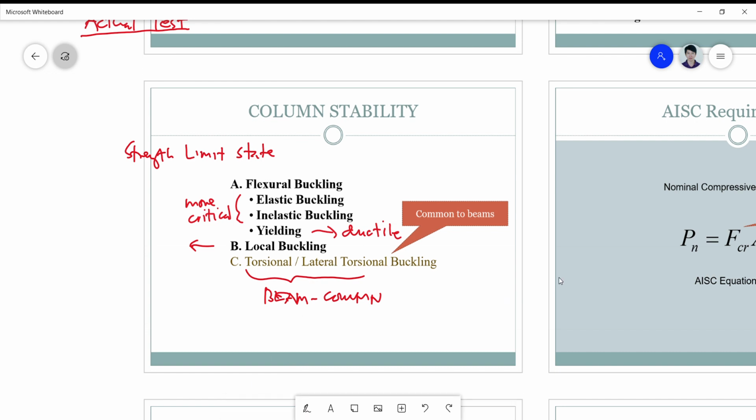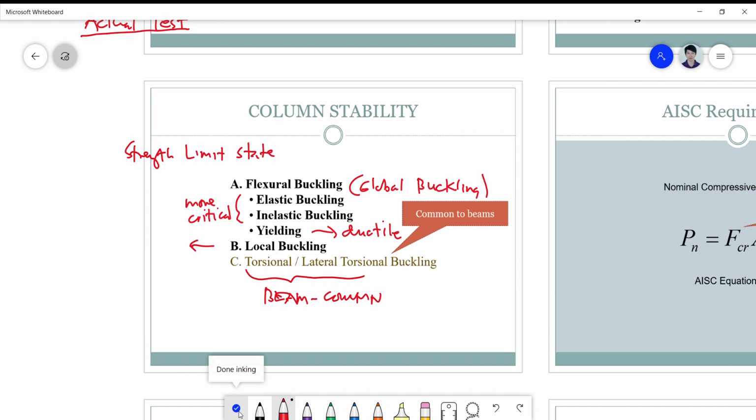So let's talk now of flexural buckling. By the way, flexural buckling can also be regarded as the global buckling failure considered for compression members, to distinguish it from a localized buckling mode of failure, which is concentrated on the plate elements.